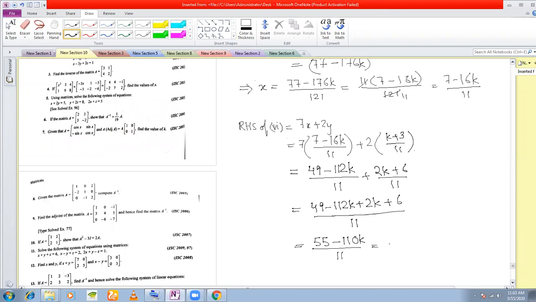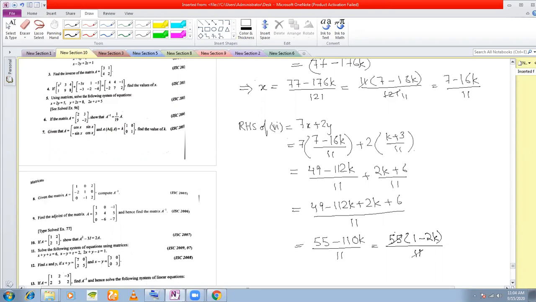Again, from the numerator I can take 11 out. I'll get 5 minus 10k, or better still I can take the entire 55 out. If I take 55 common, I'll get 1 minus 2k by 11.